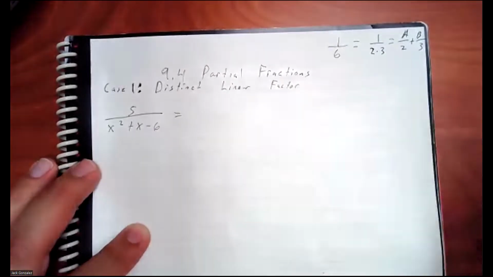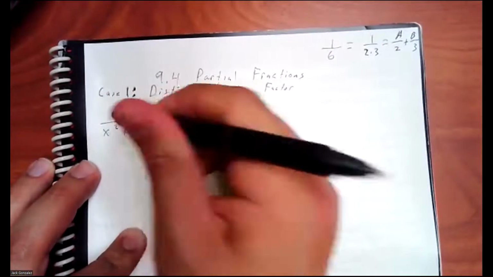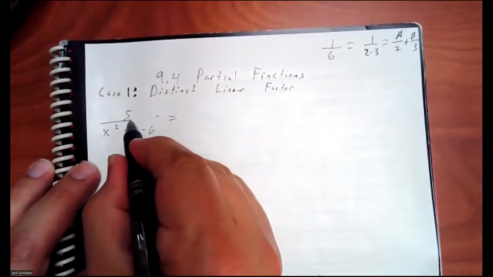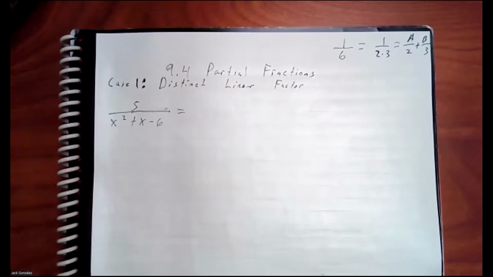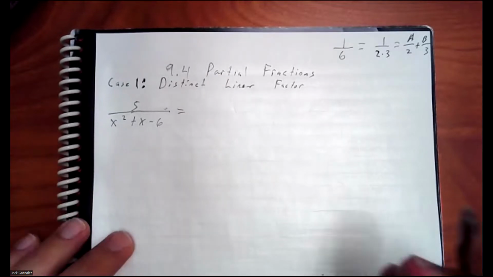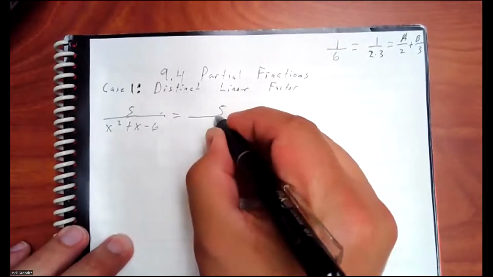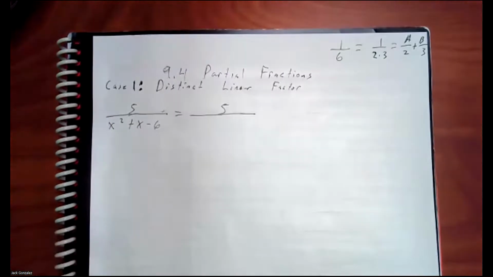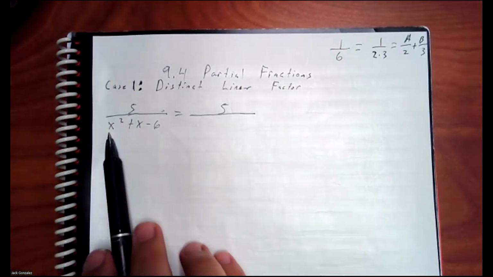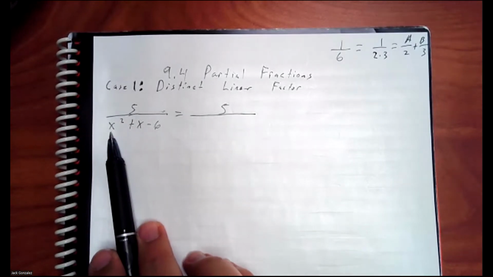You guys remember how to factor this type of stuff? This denominator. I know we don't have the answer in front of us, but do you know how to do it? This is a 5, by the way. Okay, so if there's no number in front of the x squared, we can do trial and error or brute force.